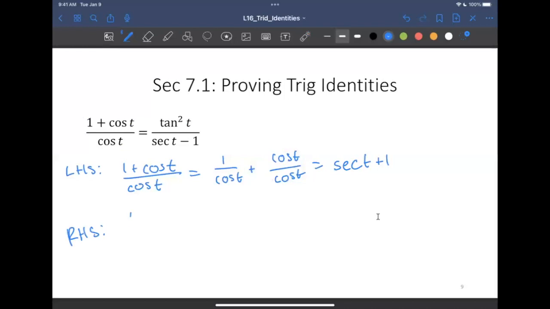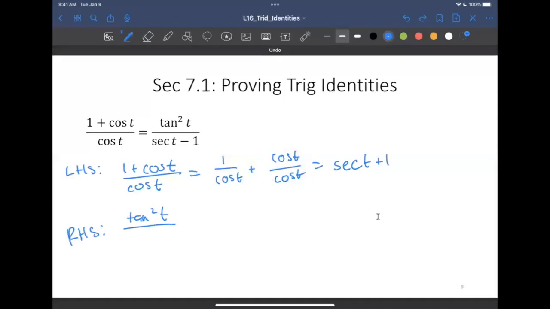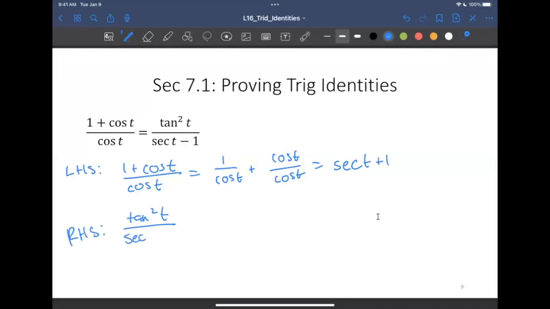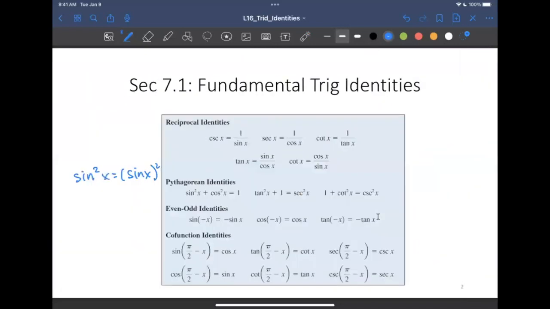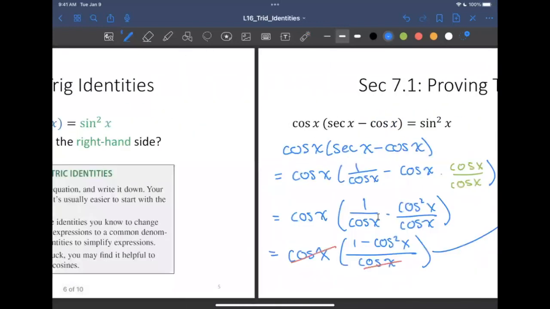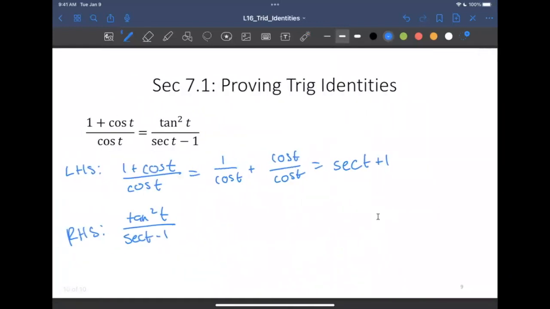Here we have tan squared t over secant t minus 1. If we remember from our identity here, tan squared x plus 1 equals secant squared x. So I'll write it up here: tan squared t plus 1 equals secant squared t.